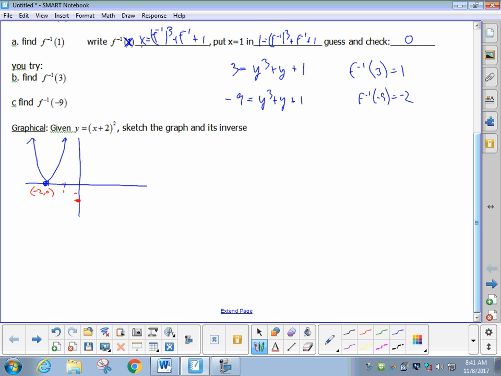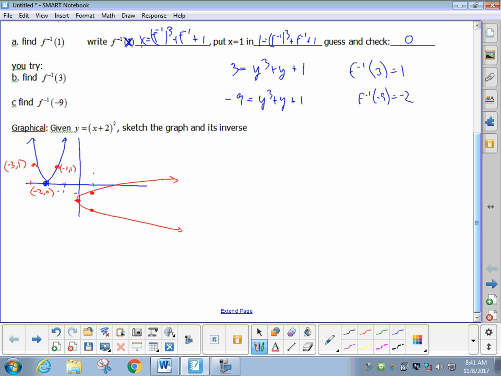If negative 1, 1 is a point on the original, the inverse would involve 1, negative 1. And so on. This point over here is negative 3, 1, it would become 1, negative 3.